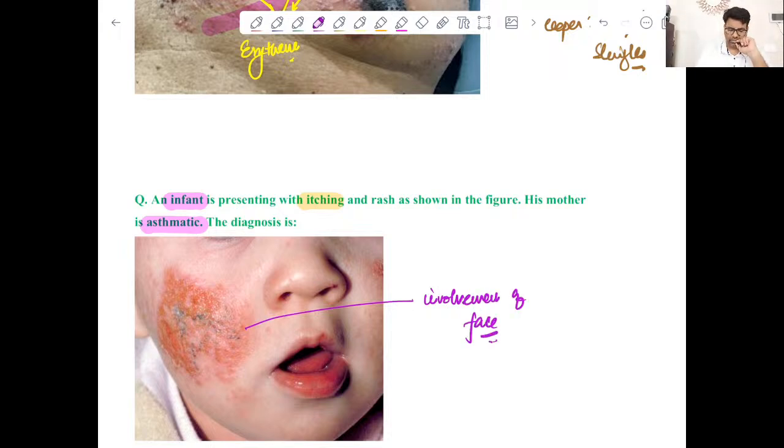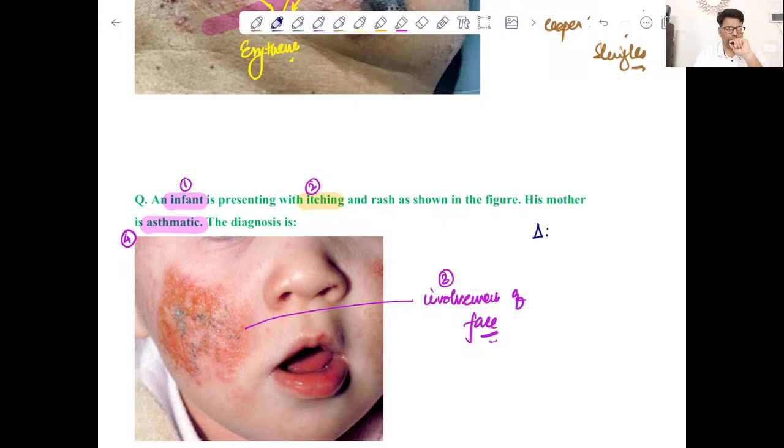So the moment you have these important 4 keywords, I think you can make a straightforward diagnosis. I'm waiting for your diagnosis. Anyone? Infant, involvement of face, severe itching, mother is asthmatic. Now what will be your diagnosis?